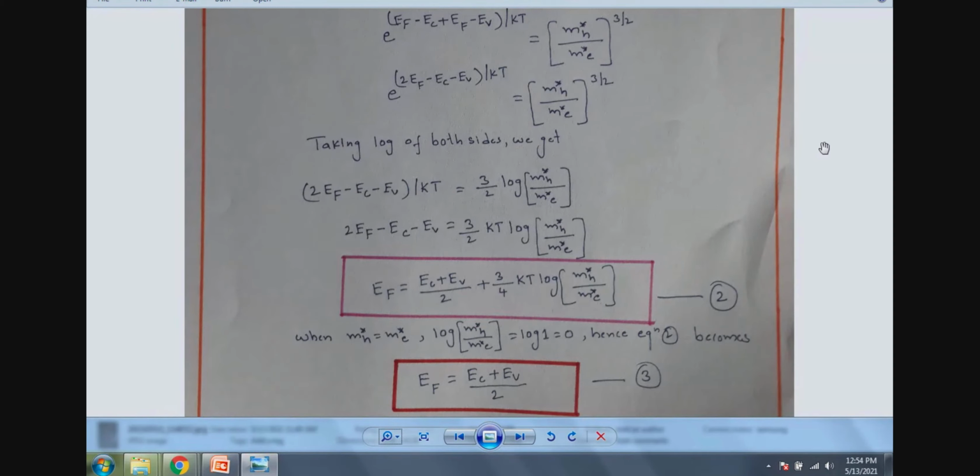So in the next class, let us discuss the N-type, P-type. What are the density of electrons and the density of holes in N-type, P-type, and also the Fermi level. The Fermi level is very different as compared to intrinsic semiconductor. Just now I said, in N-type semiconductor, the Fermi level is very near to the top level of the valence band, right?